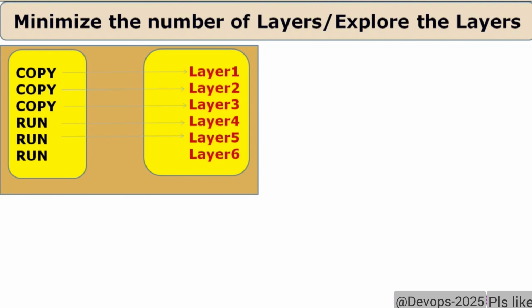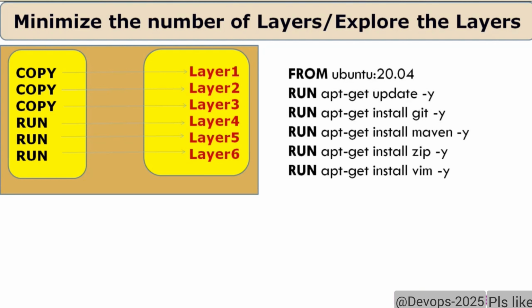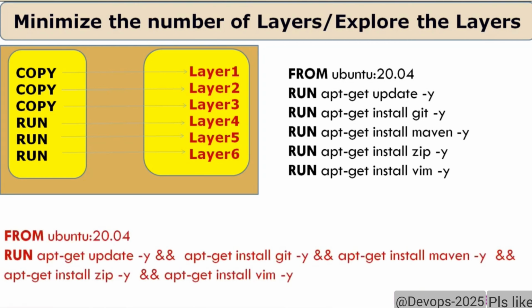Similarly, when you are executing Linux commands inside your Dockerfile, instead of using several RUN instructions, consolidate those several RUN instructions and put them together as one RUN instruction, so that the number of layers will be reduced and the image size will also be less. That means the image will be optimized.